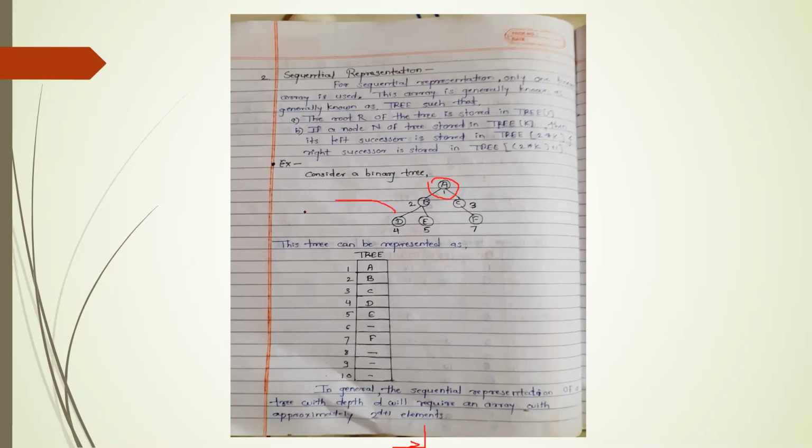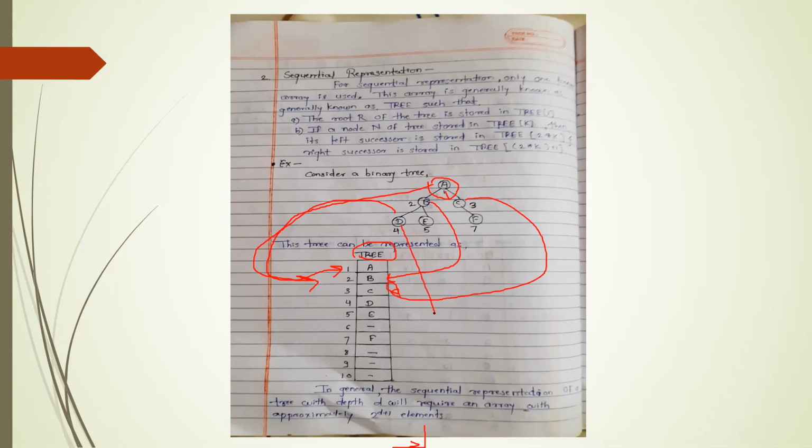This tree can be represented in memory as a tree array. At the first position, node A is stored. Address of B is 2, so B is stored here. Address of C is 3, so at the position 3, C is stored.